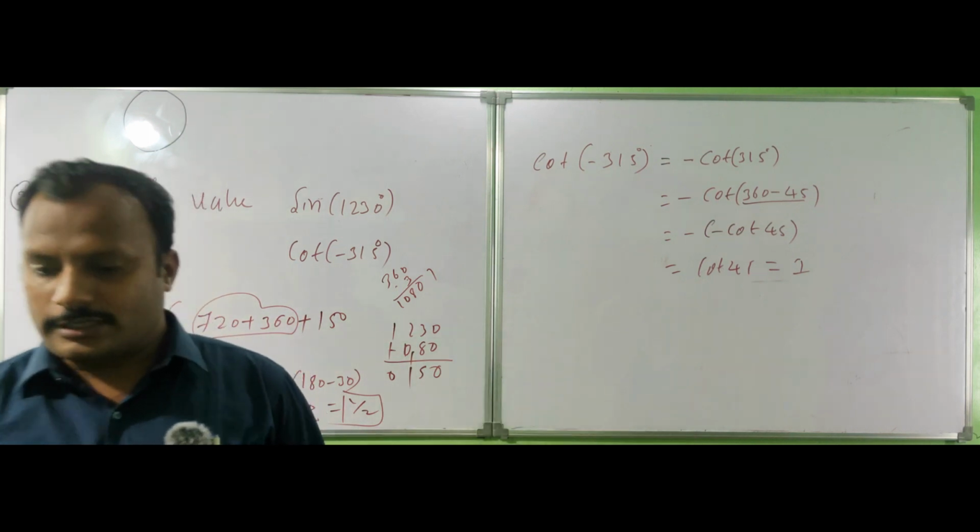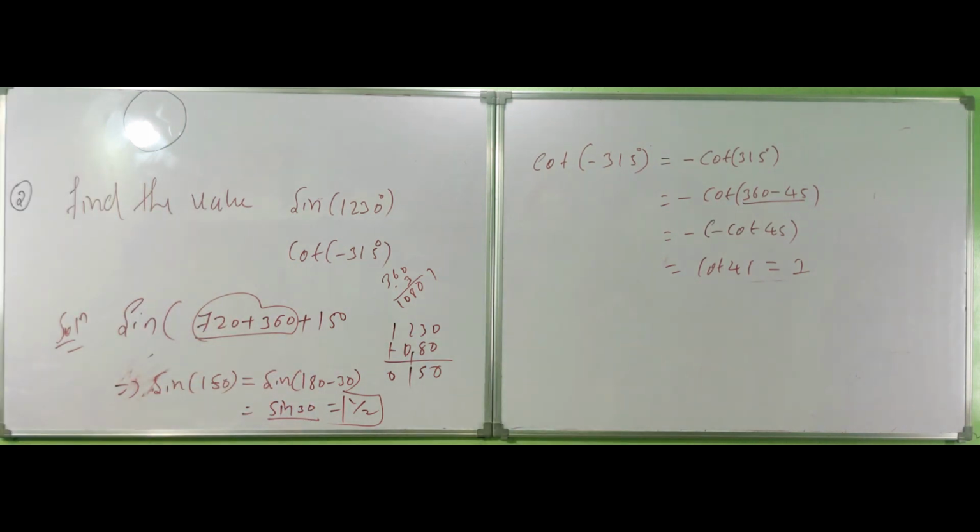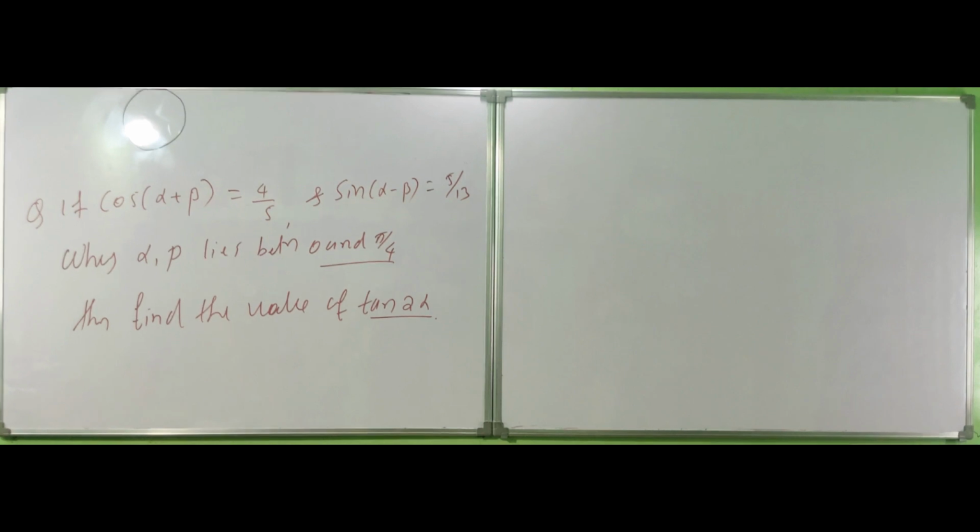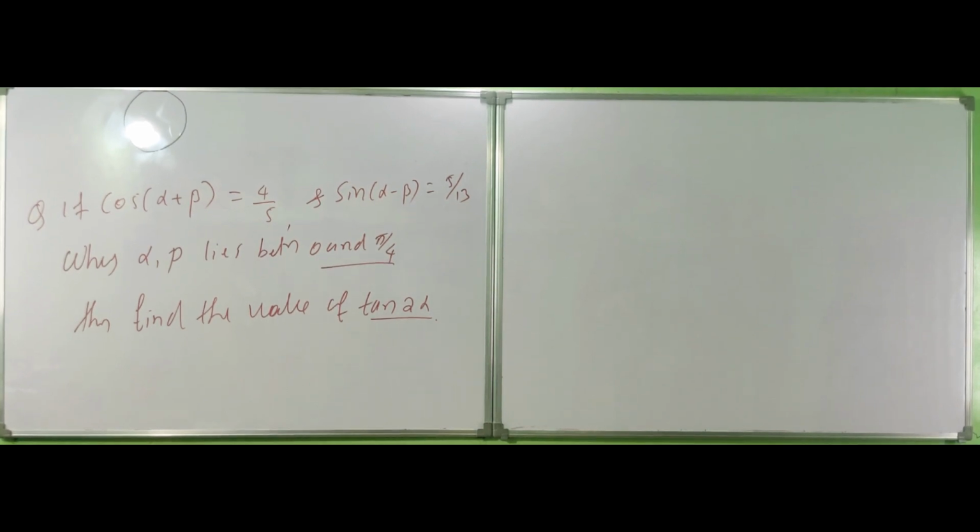Yes, the next question is, okay friends, if cos of alpha plus beta is equal to 4 by 5 and sin of alpha minus beta is equal to 5 by 13, where alpha and beta lie between 0 and pi by 4, then find the value of tan 2 alpha.